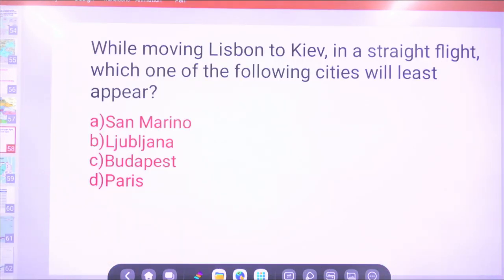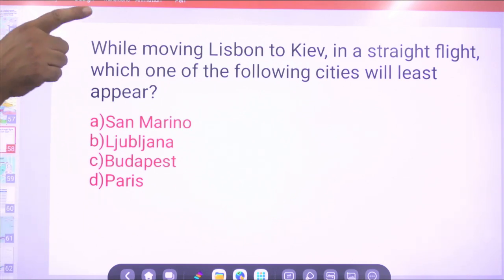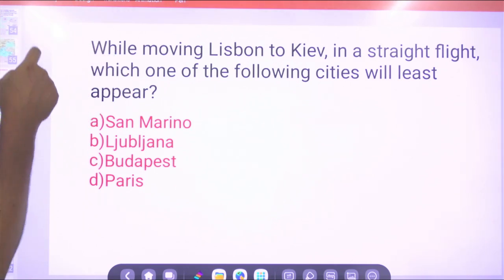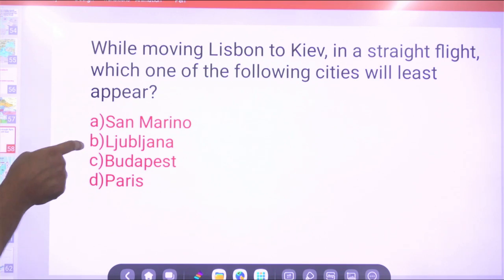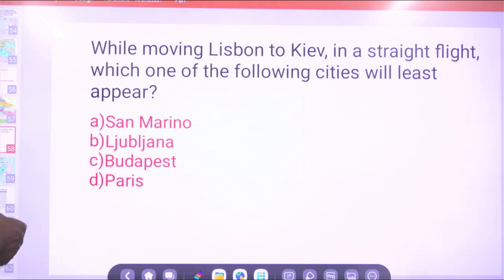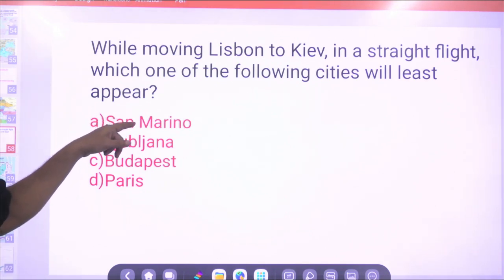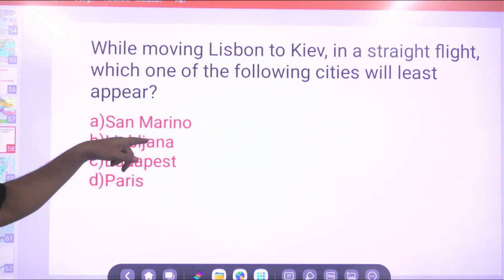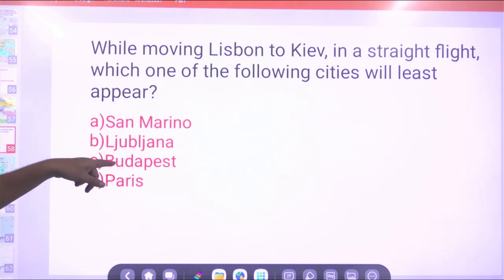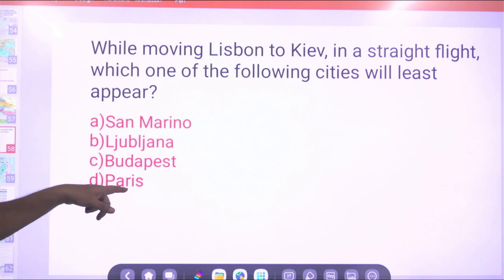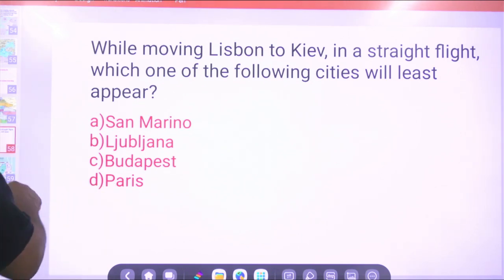Moving from Lisbon to Kyiv, that is the capital of Portugal to the capital of Ukraine, in a straight flight, which one of the following cities will least appear? San Marino? Yes. Ljubljana? Yes. One of the Balkan nations' capital. Budapest? Yes. Paris? No.